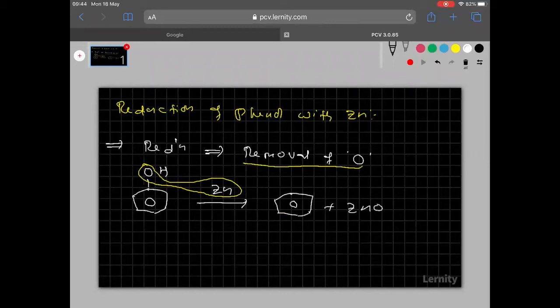This is the benzene and this is the phenol. Remember, this is one of the preparation methods of benzene. Clear, everyone? One of the preparation methods of benzene, this one.